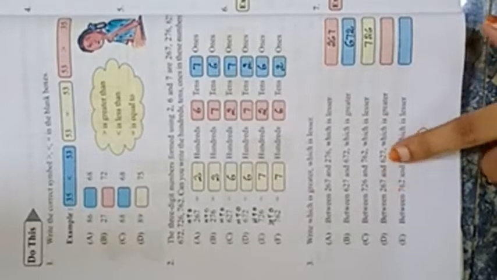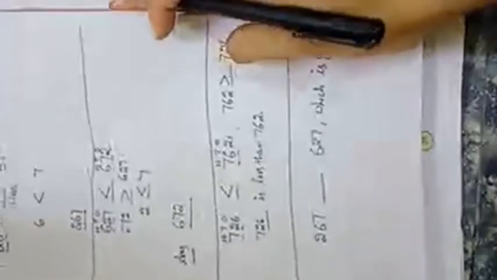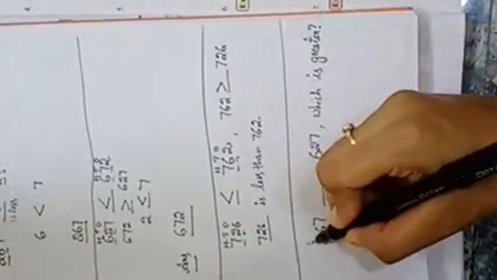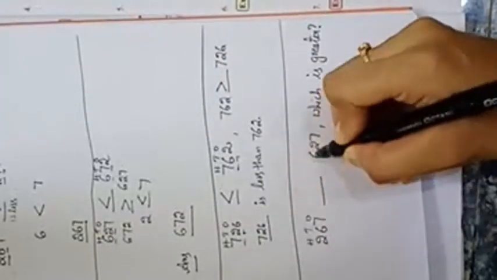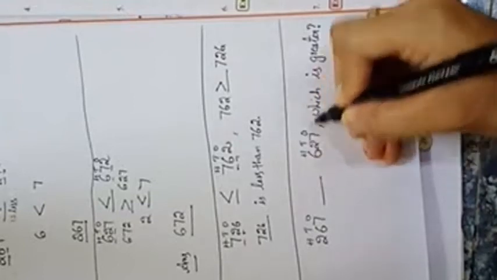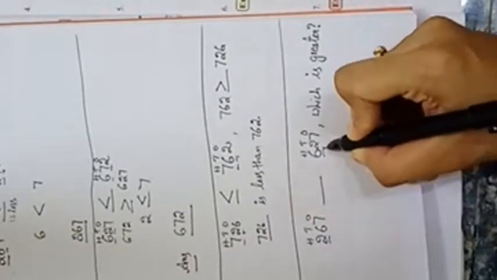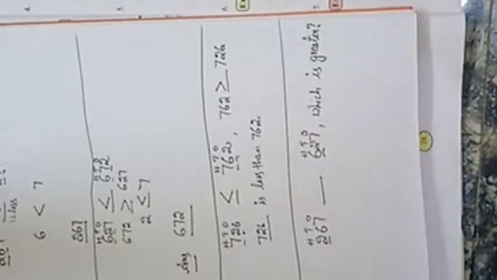Okay, the question: between 267 and 627, which is greater? Now, the first step is what, children? Write the places: hundreds, tens, ones. Here, on both sides, we have a 3-digit number. So the first step is what? First, you have to observe the hundreds place digit carefully.